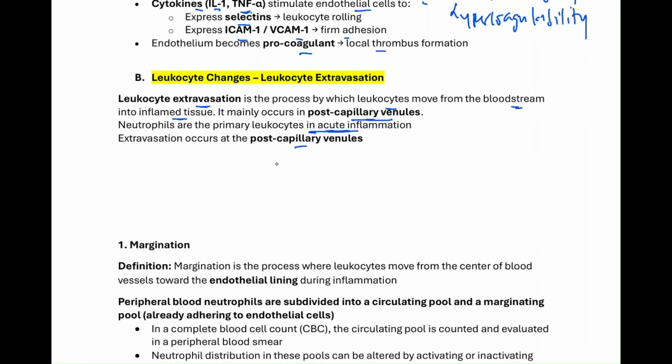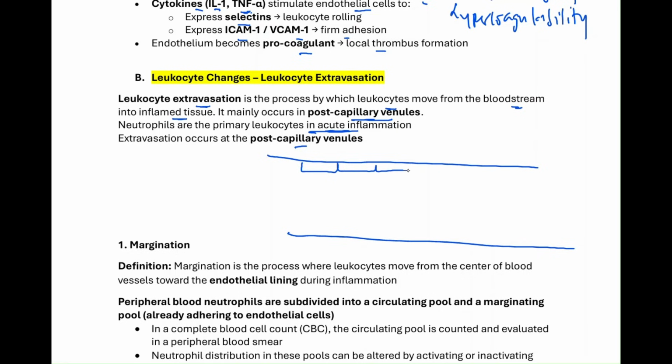So again, if you look at this picture, here we can see our blood vessel, and lining the blood vessel we have the what? We have the endothelial cells that are lining those blood vessels. And let's say this is the site of the tissue, and maybe at the site of the tissue there is a bacteria there, or there's an injury there.